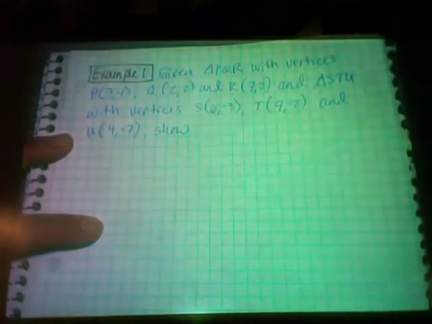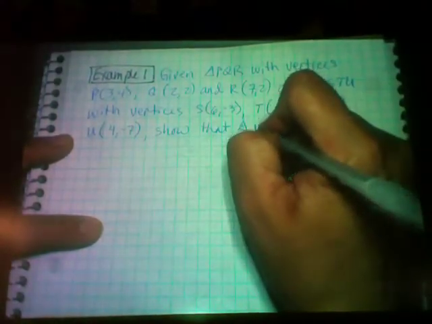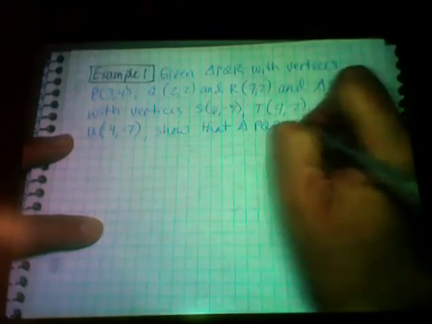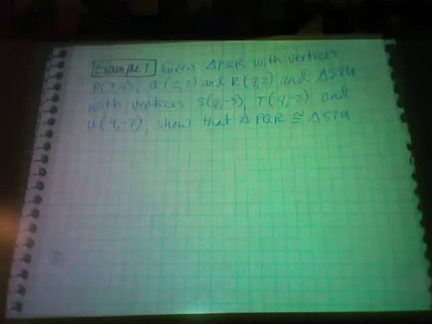Notice it doesn't say prove, show that triangle PQR is congruent to triangle STU. You're going to have to find either SSS, SAS, ASA, or AAS to do that.